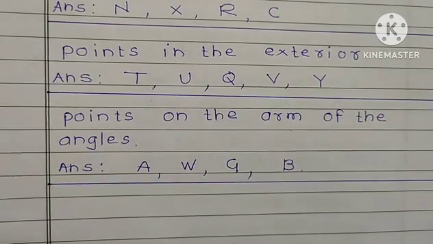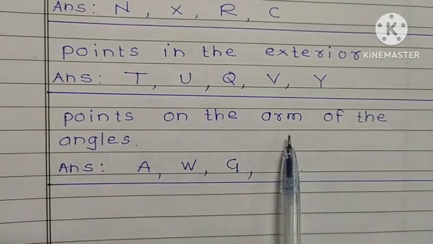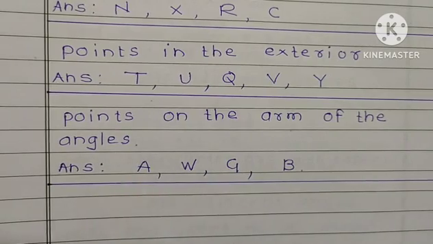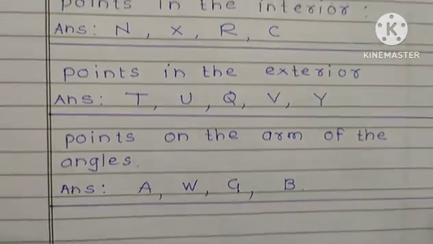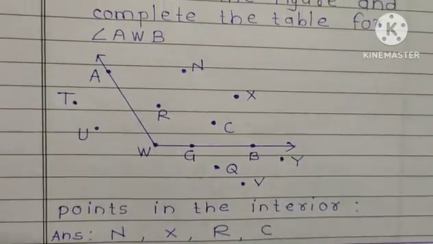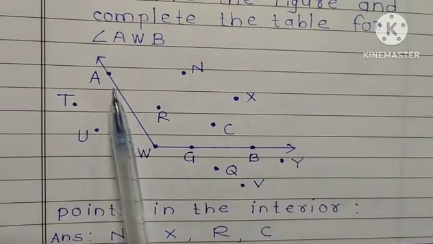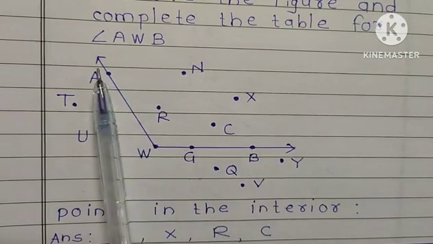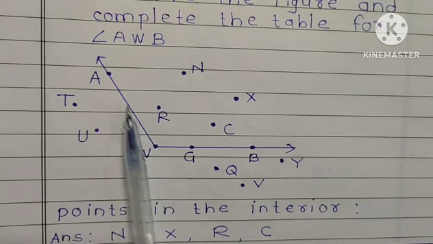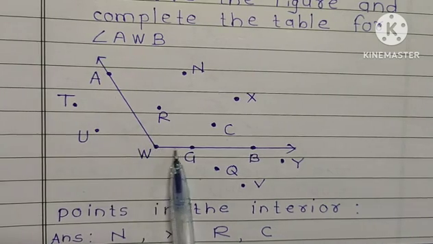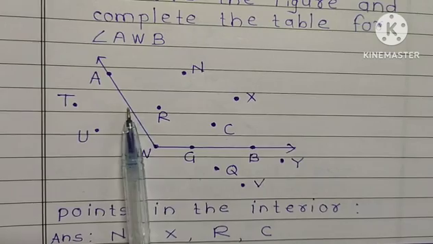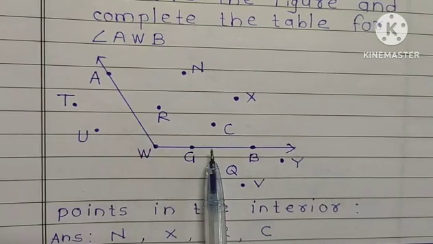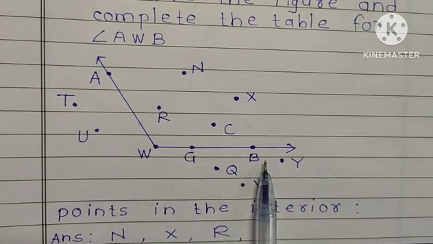Third, points on the arms of the angle. See, this is angle AWB and this AW and WB are arms of this angle AWB.